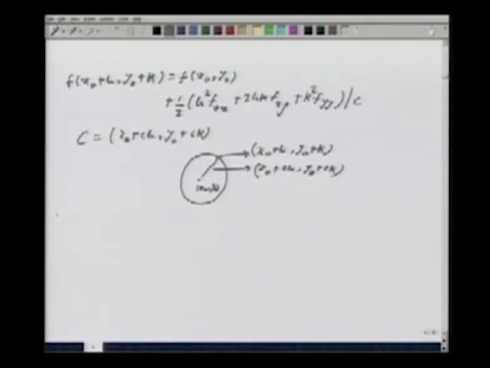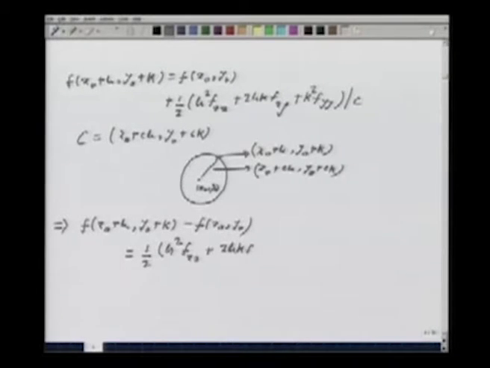Then what we do is that this implies f of (x naught plus h, y naught plus k) minus f of (x naught, y naught) is half, I am just taking one thing from the other side of the equality, h square fxx plus twice hk fxy plus k square fyy.